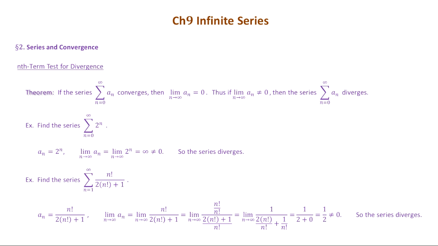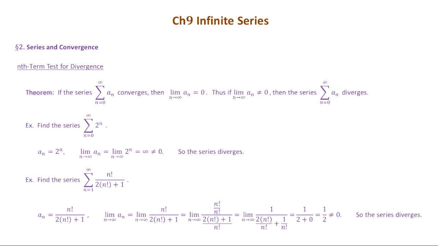As n approaches infinity, obviously you multiply 2 by itself infinitely many times, so you get a huge number, and it actually approaches infinity. The limit is infinity, which is not 0. Not only is it not 0, it also approaches infinity. So according to the theorem, the series diverges.